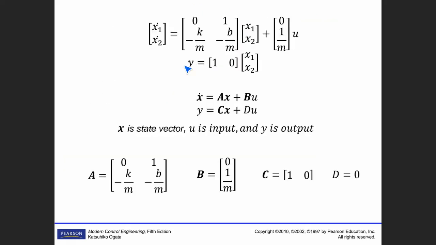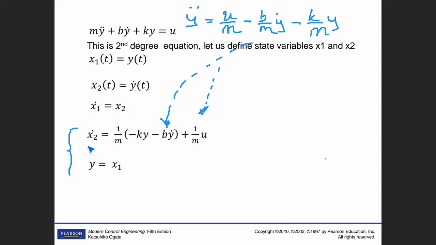Now x2 dot is equal to minus k over m times x1 plus minus b over m times x2 plus 1 over m times u. That's exactly this equation. And the output is equal to y here, of course, where y is x1. I will write this equation again in another color, it will be easier for you.